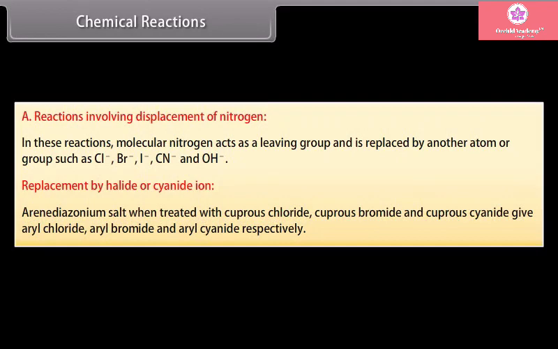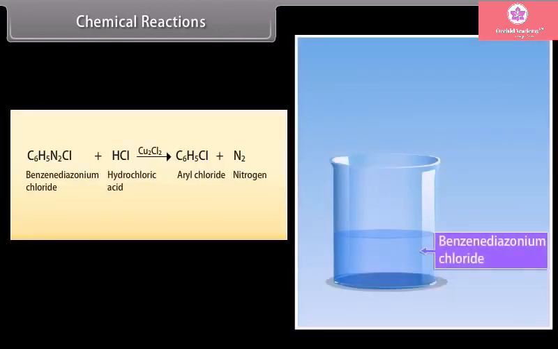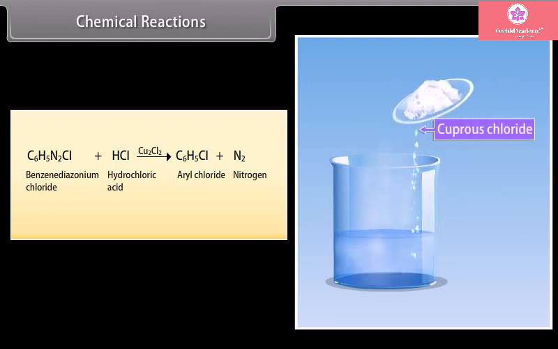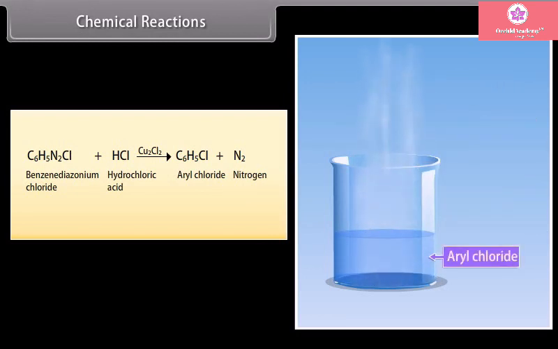Arene diazonium salt, when treated with cuprous chloride, cuprous bromide and cuprous cyanide, give aryl chloride, aryl bromide and aryl cyanide respectively. Benzene diazonium chloride reacts with hydrochloric acid and cuprous chloride and yields aryl chloride and evolves nitrogen gas.